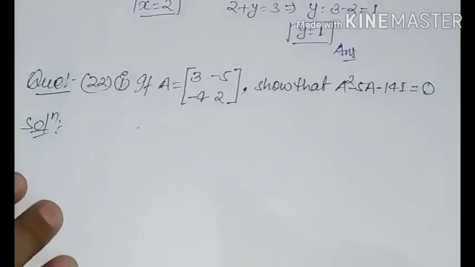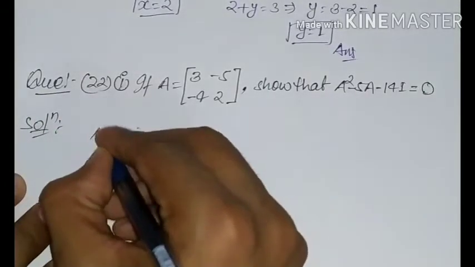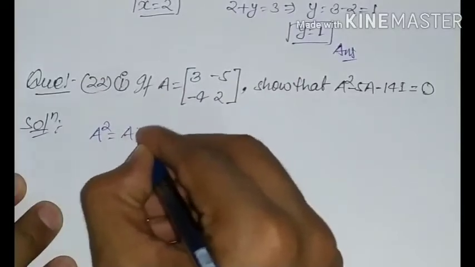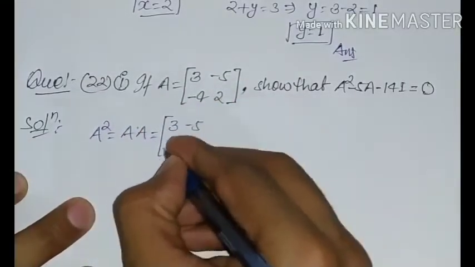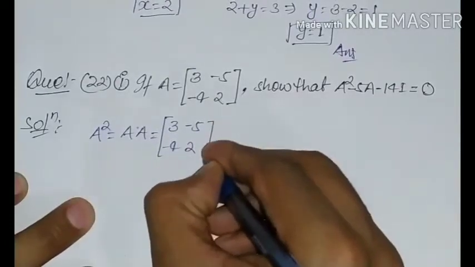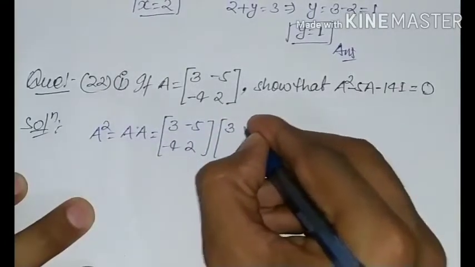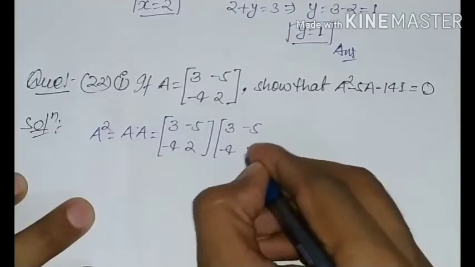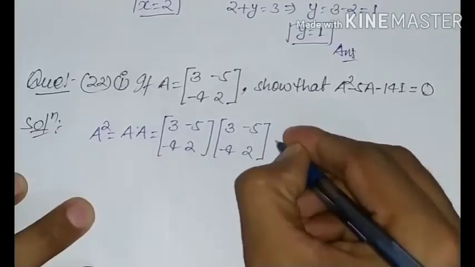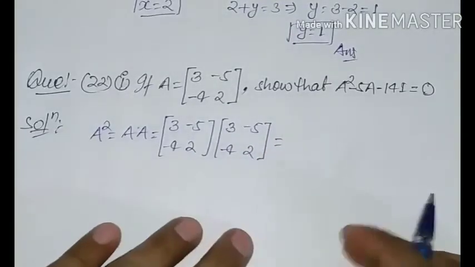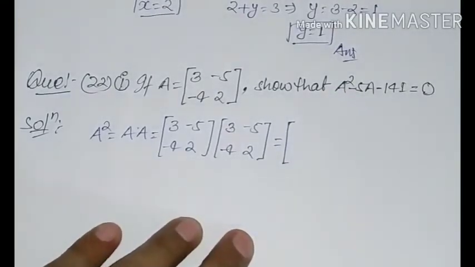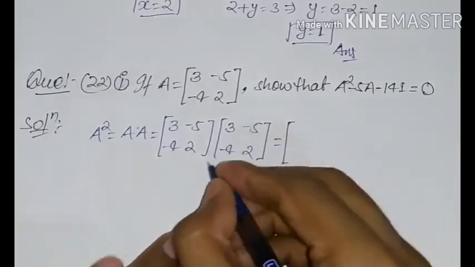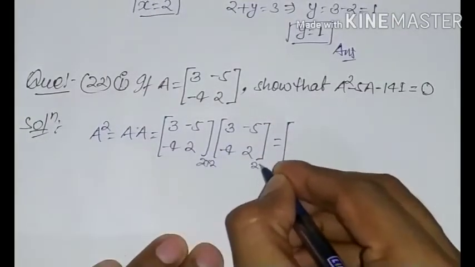First I'm going to find the value of A square, which is A into A, where A is 3 minus 5 minus 4 and 2, again 3 minus 5 minus 4 and 2. I'm going to multiply it. The order of the product matrix will be 2 by 2, because this is a 2 by 2 matrix and this is a 2 by 2 matrix.